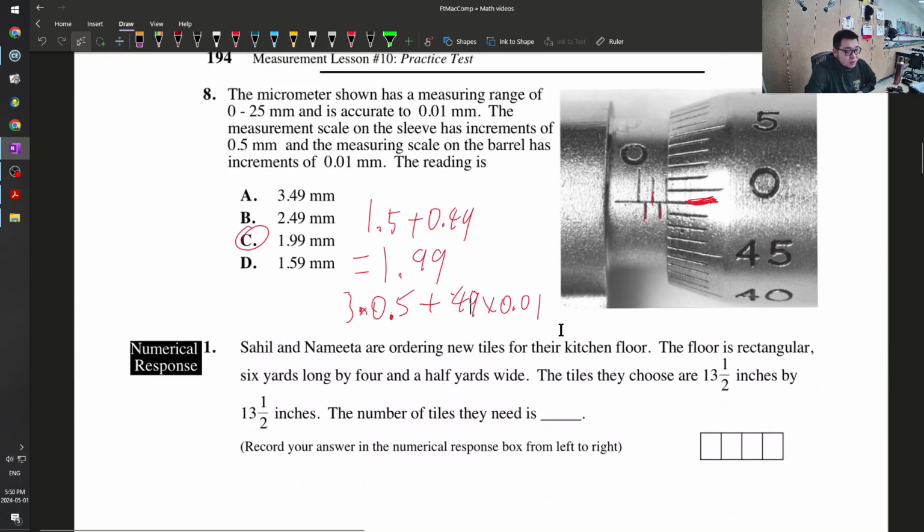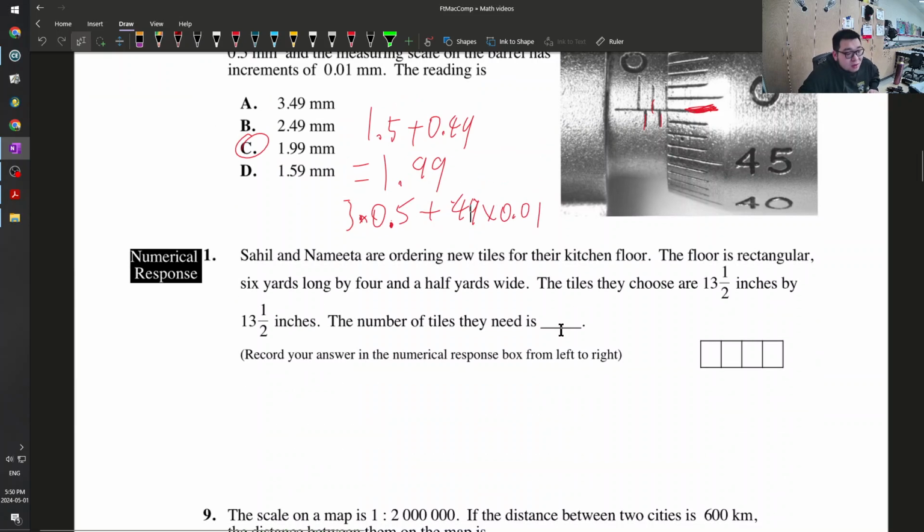Okay, Sahil and Namita are ordering new tile for a kitchen floor. The floor is rectangular, 6 yards long and 4.5 yards wide. The tiles that are chosen are this many inches by this many inches. How many tiles do they need? Let's convert everything into inches.